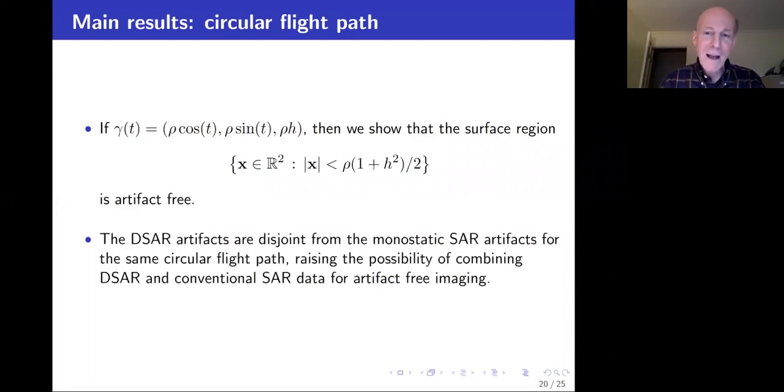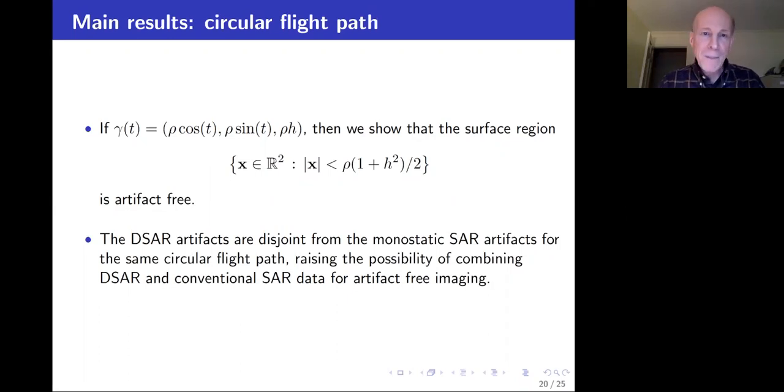So this raises the possibility of perhaps combining conventional SAR data with Doppler SAR data and then doing some processing to obtain artifact-free imaging. You wouldn't have to worry about either the fold points from the monostatic SAR or the cusp points from the Doppler SAR. You would get a good image, but we have not pursued this.